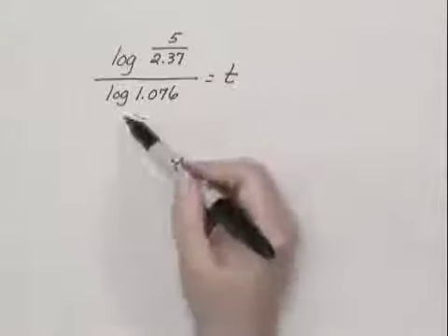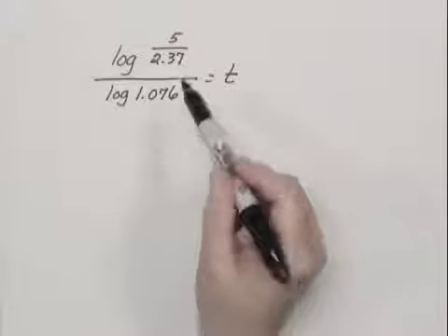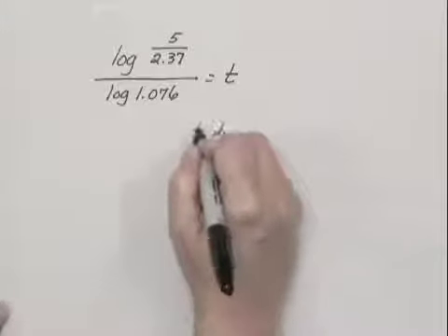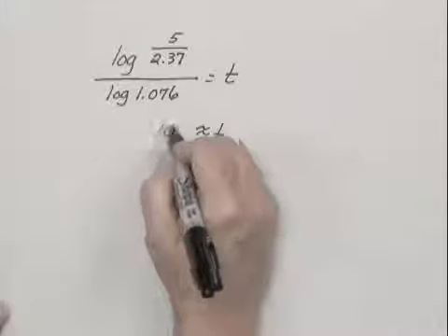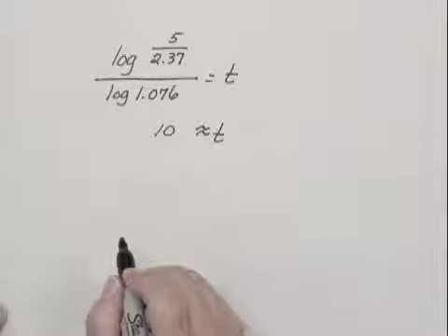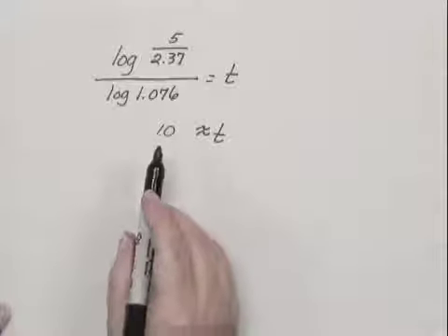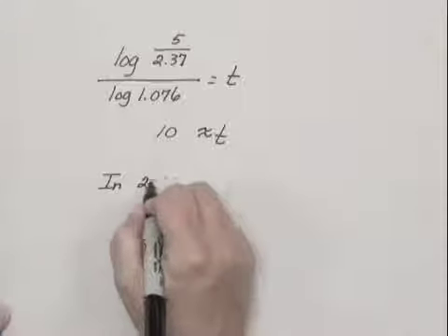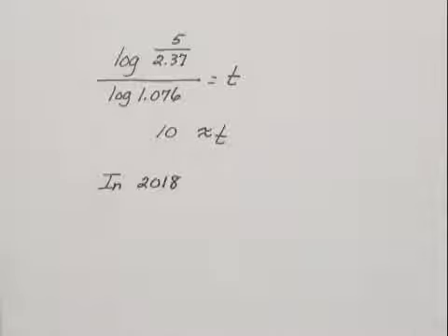Notice up to this point I've done no approximation. Now I use a calculator and approximate, and I get that t is approximately equal to 10. So spending on health care will be $5 trillion about 10 years after 2008, or in 2018.